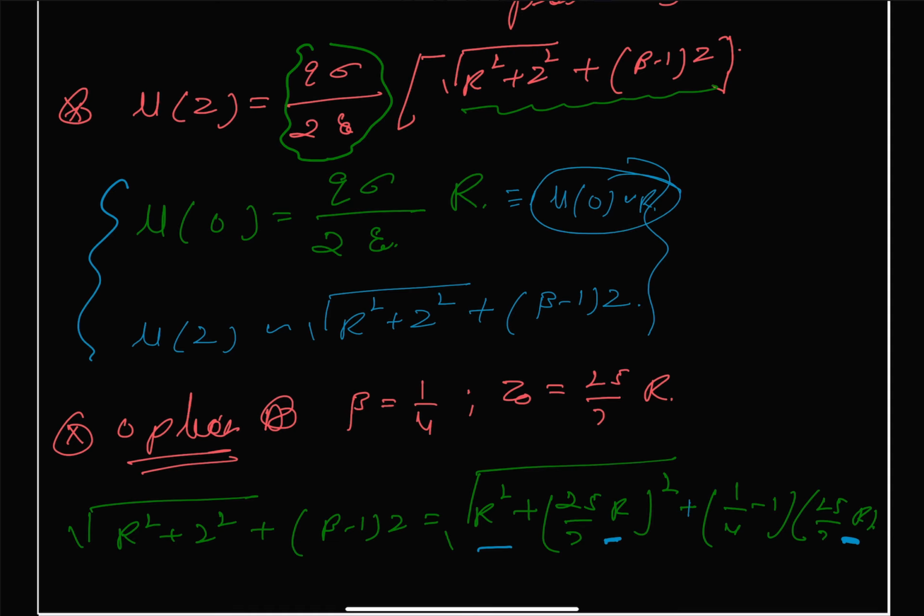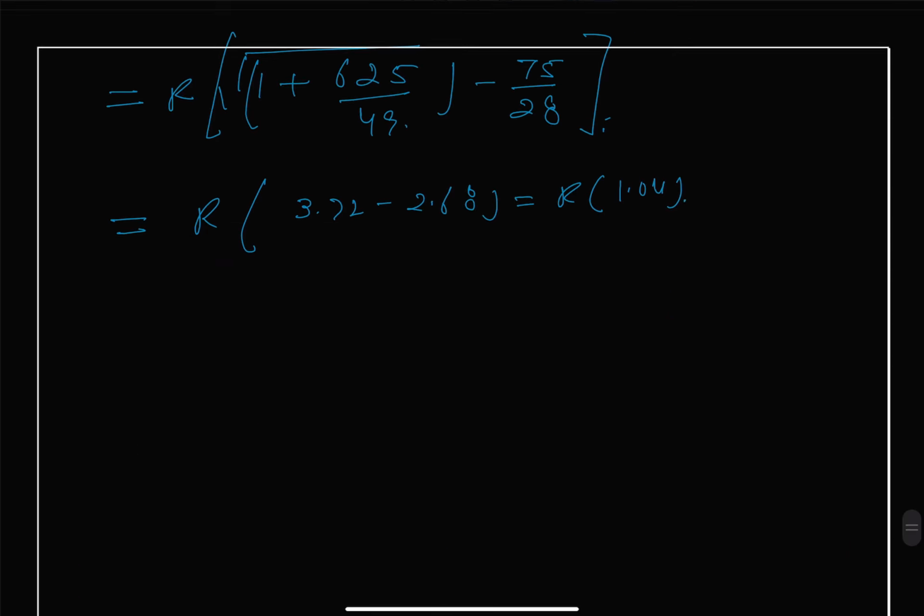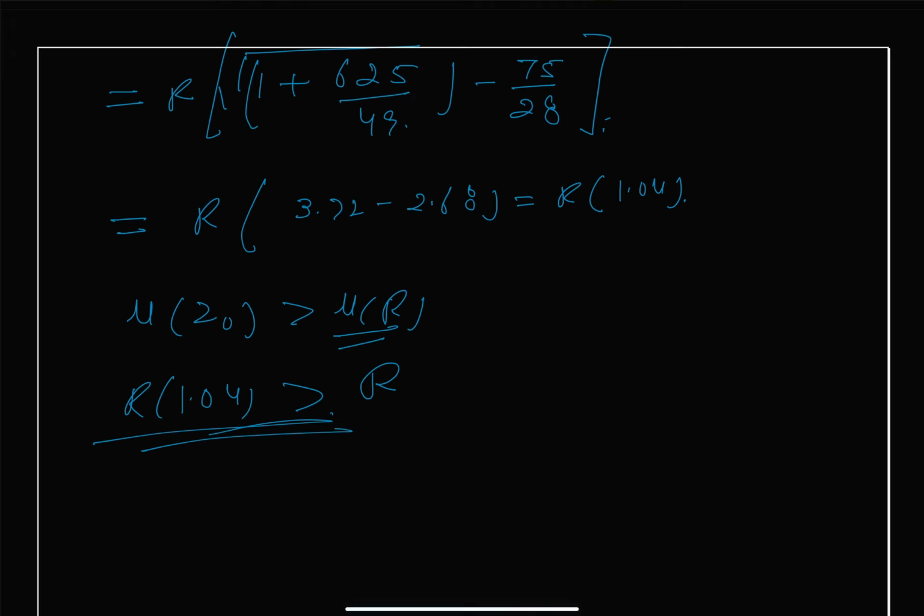So we can say our u of z naught is greater than our u of r, because u of r is only r and u of z naught is r times 1.04. Therefore, the particle reaches origin.